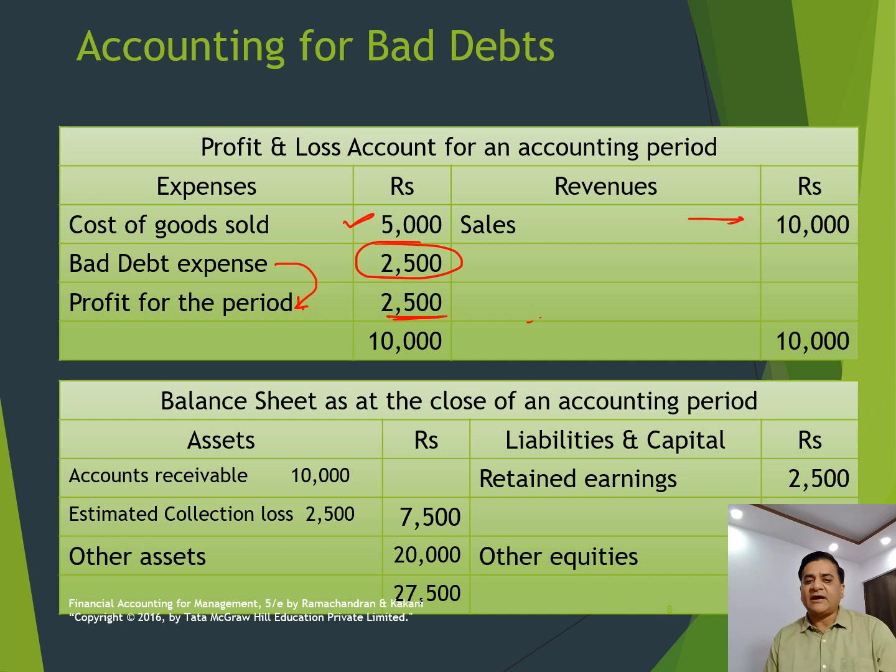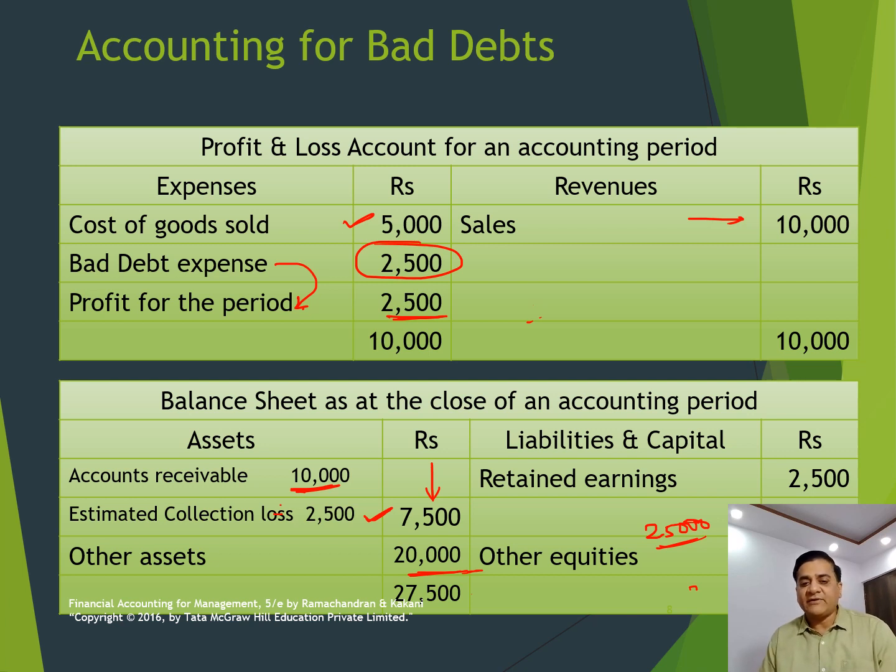Similarly, if I look at the balance sheet, my receivables were 10,000. See, earlier also my receivables were 10,000, but in this I would say the estimated collection loss in the form of bad debts would be 2,500, which means my actual receivables are 7,500 only. And the other assets were 20,000, which remain unchanged. So my equity would be 25,000 instead of 30,000 here.